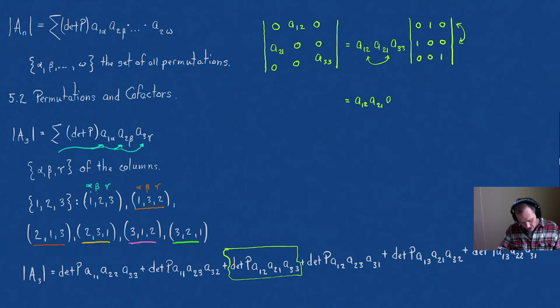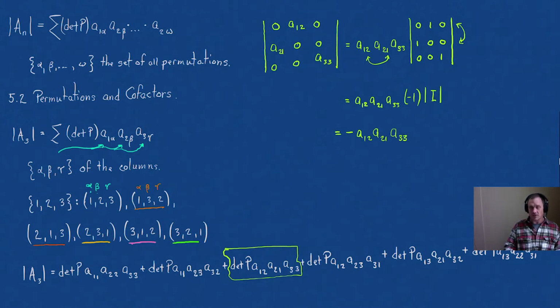That just gives me a -1 times the determinant of the identity. Well, that's just 1, and so our result is minus A12, A21, A33. That's what is going on with each one of these terms. That's what the determinant of P is. It has to reorder them back to I.